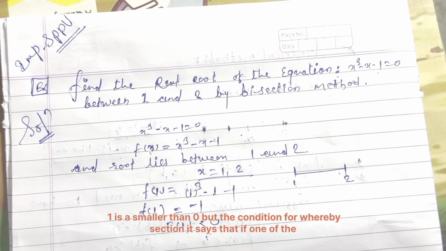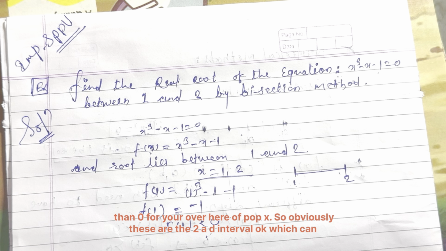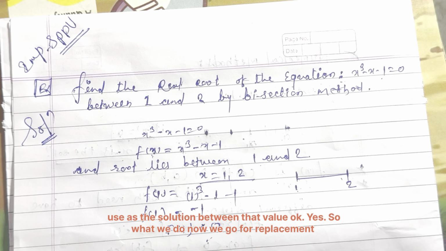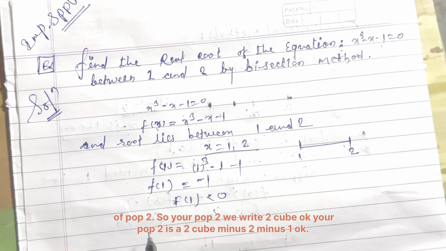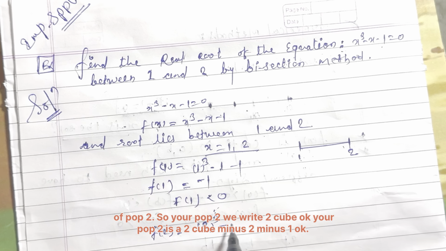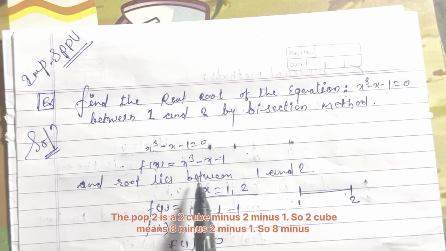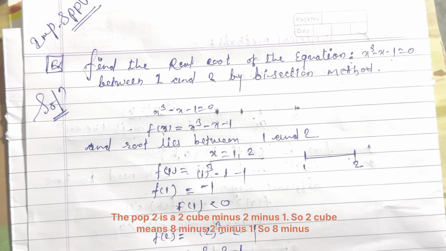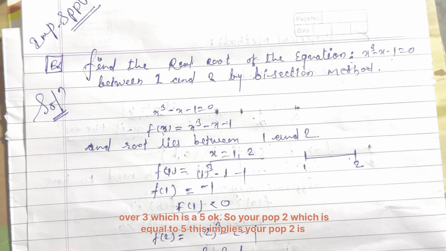The condition for our bisection says that if one value of our interval gives f of x smaller than 0 and another value gives f of x bigger than 0, then these two end points of the interval give us the solution between them. So now we go for the replacement of 2. f of 2 is 2 cube minus 2 minus 1. 2 cube means 8, minus 2 minus 1, so 8 minus 3 is 5.